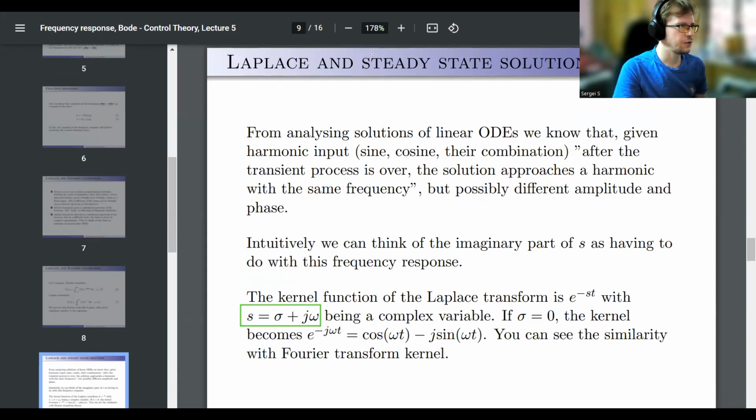If we get rid of the real part, what we get when we look at the kernel is e to the power minus j omega t, which is the same as cosine omega t minus j sine omega t. So you can see this kernel becomes just a harmonic function.